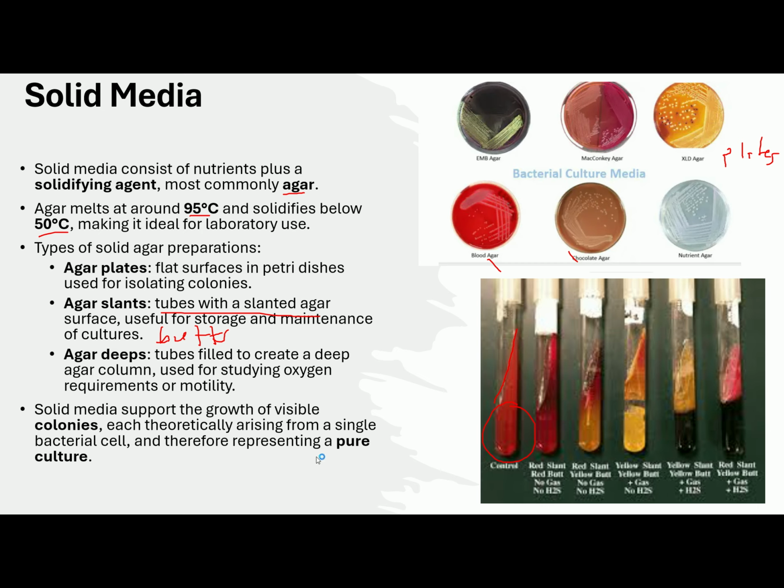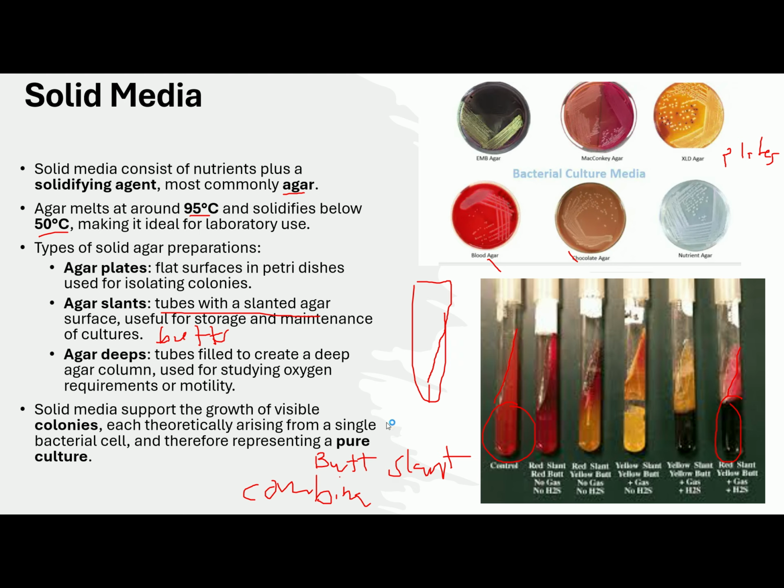In some cases, we have what we call a butt slant media. This is a combination of the two. So it has a butt and it has a slant. This is an example of a butt slant. For the slants, if this is your tube, they tend to have a very, very long slant with a very small butt.